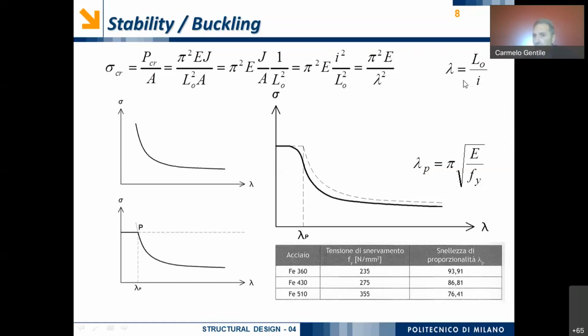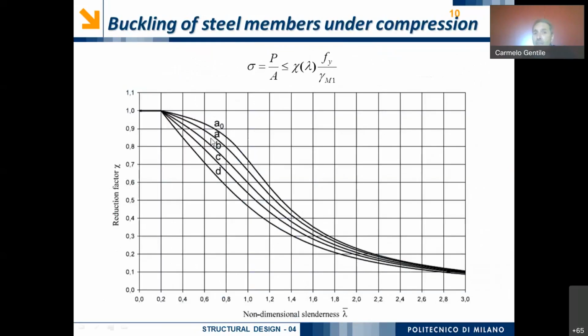I know also the cross section, an HEA 300. So it is possible to evaluate the inertial moment and the area. And so it is possible to obtain the radius of inertia. So it is possible to obtain lambda. If I know lambda, I can obtain the value of the critical stress. And then I have to compare the value of this critical stress protected by a safety coefficient with the actual stress. And this is done in this curve and in this equation, okay?